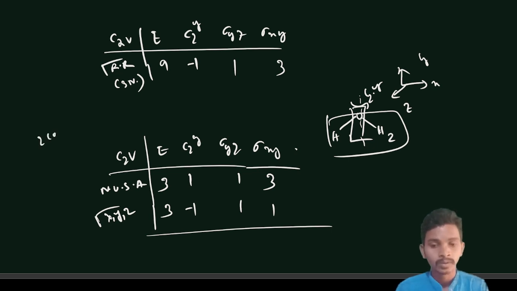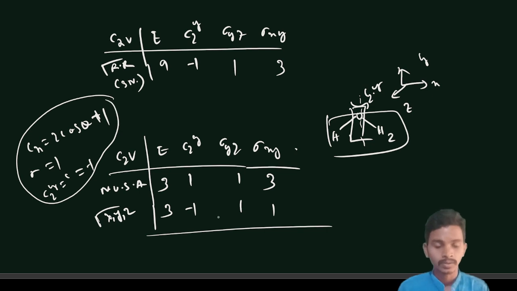For C2, the character is 2 cos theta plus 1, and for sigma it is always 1, and for C2(y) or C2(x), this is always minus 1, that we have already discussed. Okay, so that's what we get. So these 3n coordinates will give 9, minus 1, 1, and that will be 3.